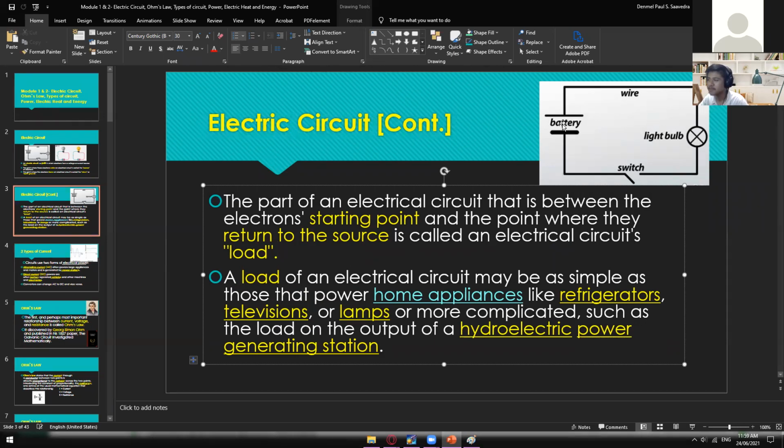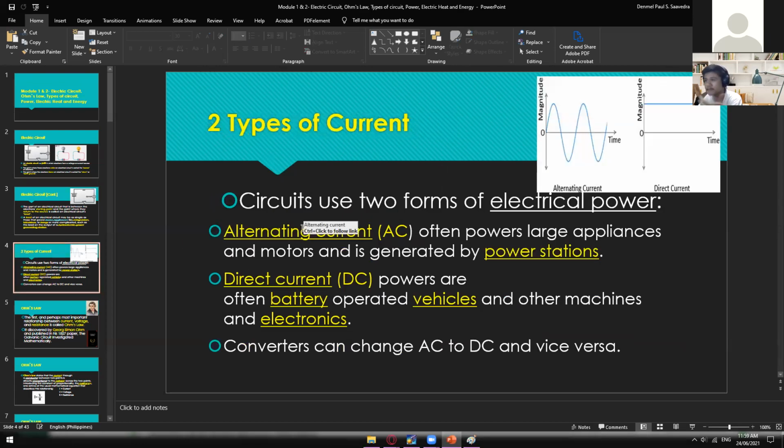This battery right here is the positive part, the one above, and the one below is the leaving part, and right here the light bulb is our load. In here we have two types of current, as you may already know, AC or DC.